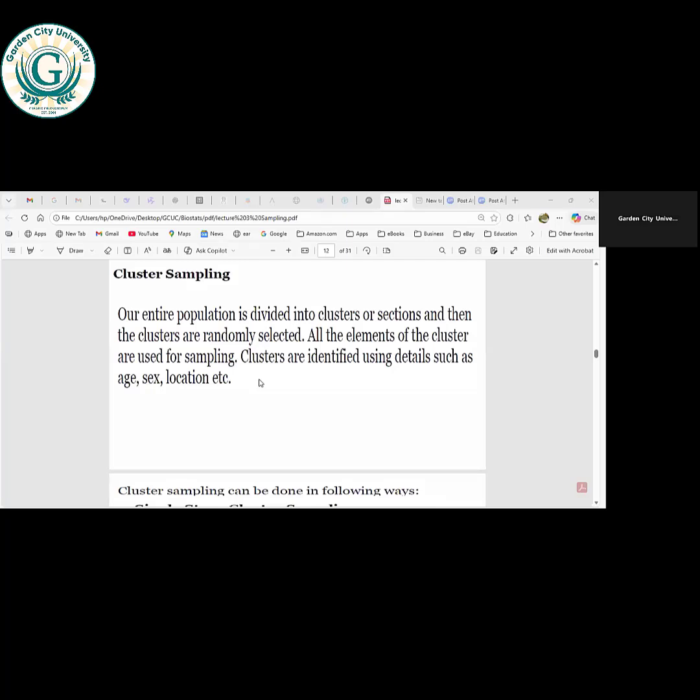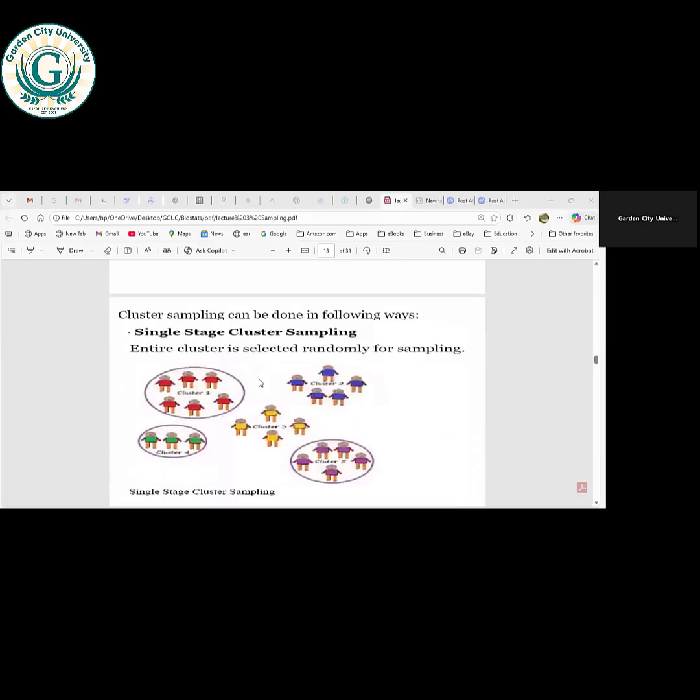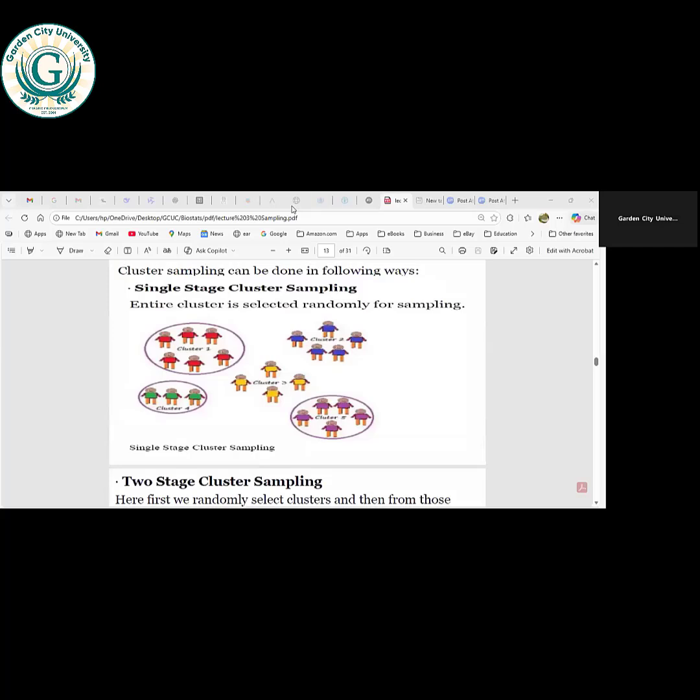Now that I've formed my clusters, there are two options for me. I can go by the single stage cluster sample. For the single stage cluster sample, let's assume that we have Upper East, Upper West, Ashanti, Volta, and Central region.